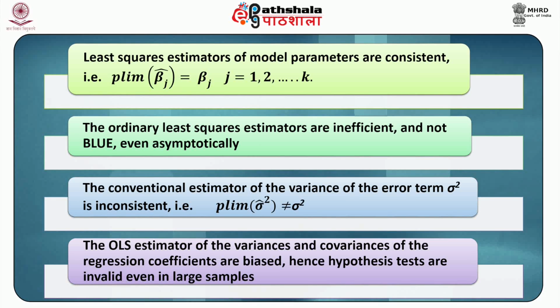The third effect is the conventional estimator of the variance of the error term sigma square is inconsistent. That is, probability limit of sigma hat square is not equal to sigma square. Another effect is that the OLS estimators of the variances and covariances of the regression coefficients are biased, hence hypothesis tests are invalid even in large samples.